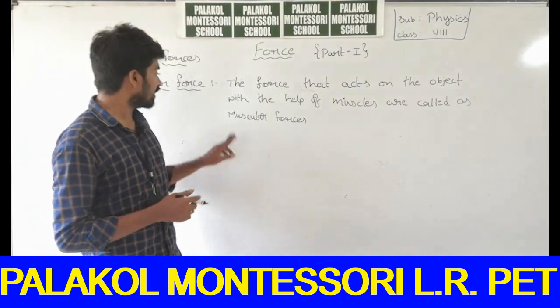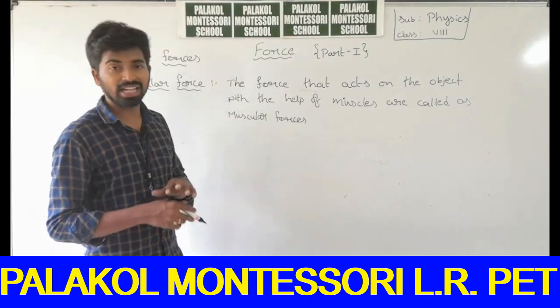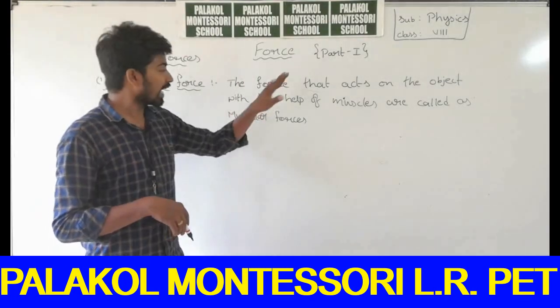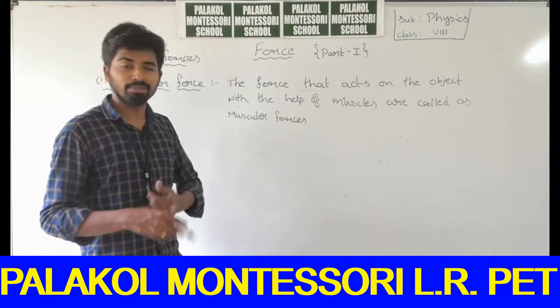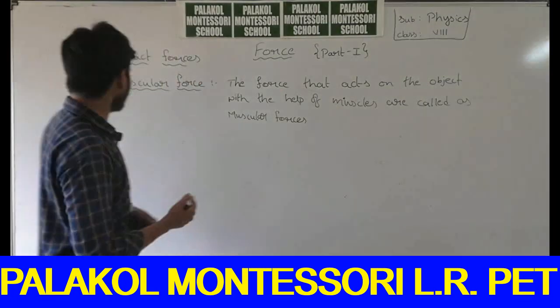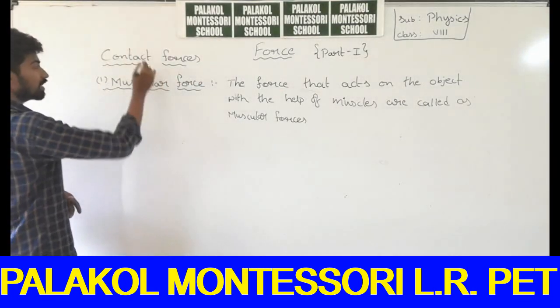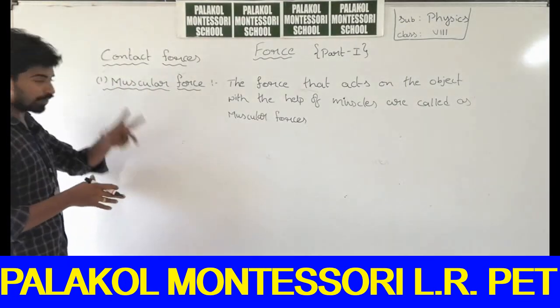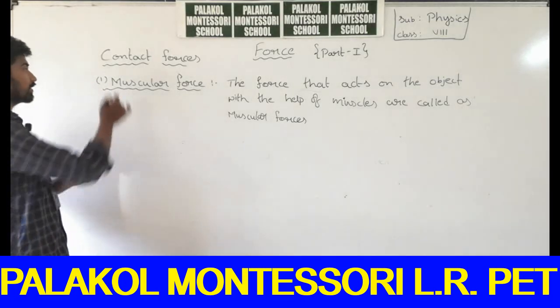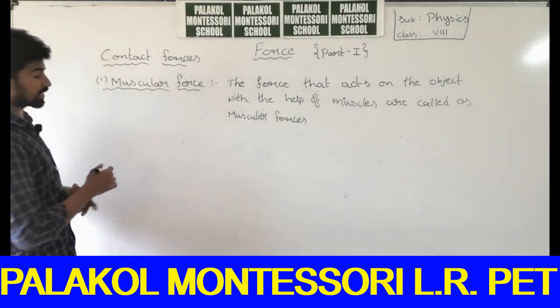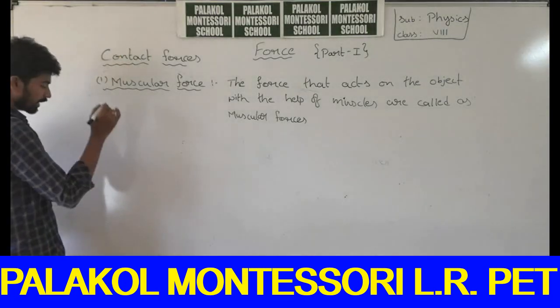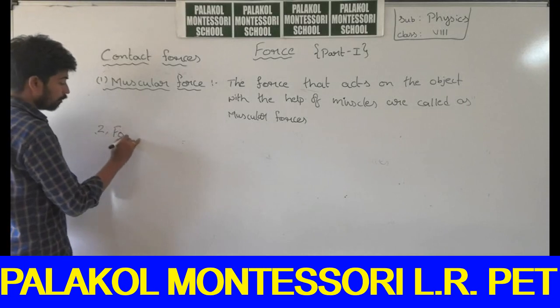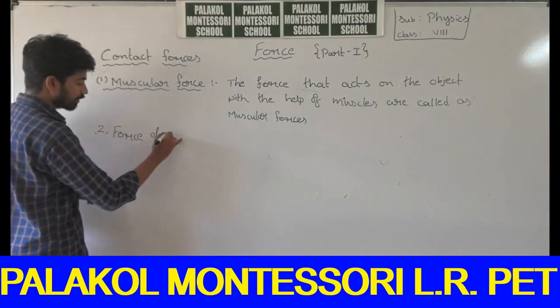In such a way, the force which acts on the object with the help of muscles is called muscular force. And this is a contact force. To apply muscular force, you need direct physical contact. That's why it comes under contact forces. And the second type of contact force is the force of friction.